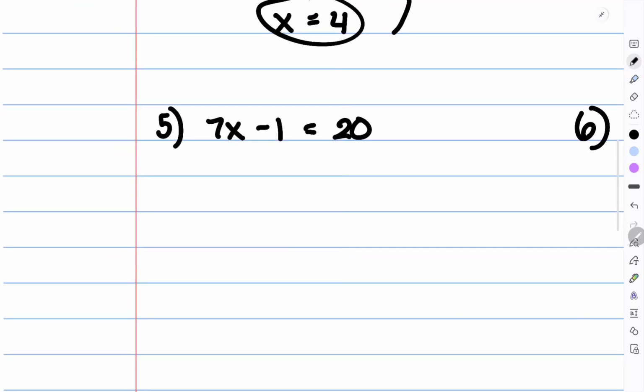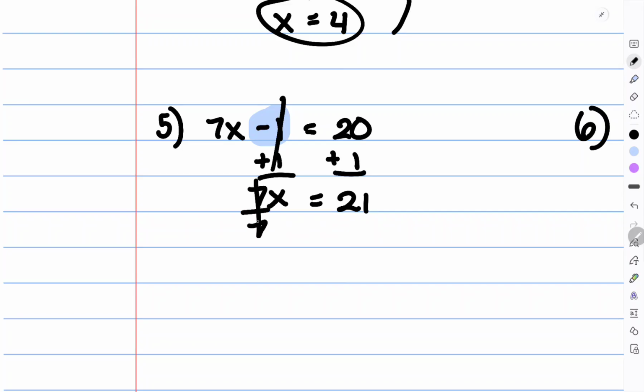Last two. Number 5: 7x minus 1 equals 20. So our floater is negative 1. We're going to add 1, and that cancels out. We get 21. And we divide. x equals 3.